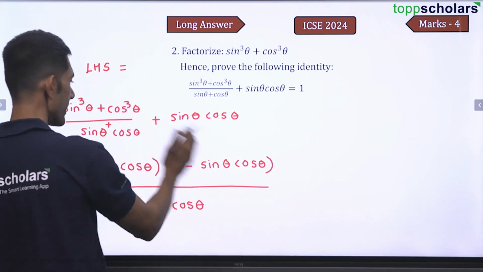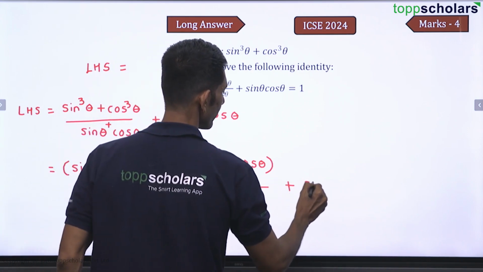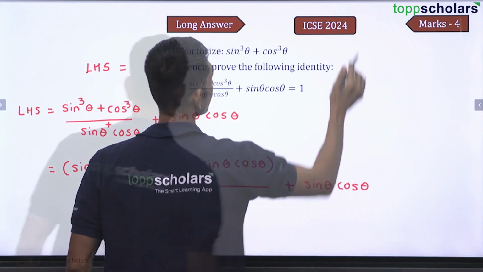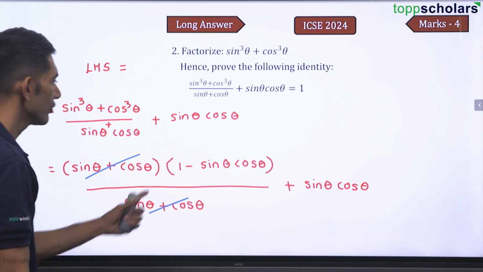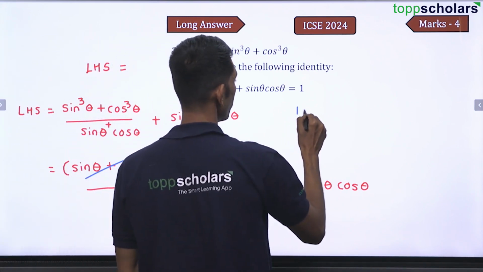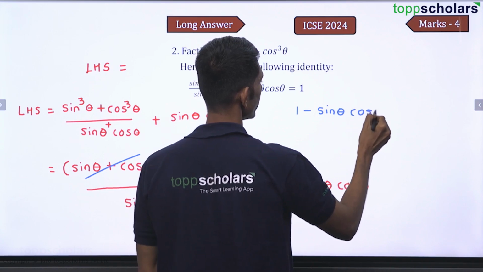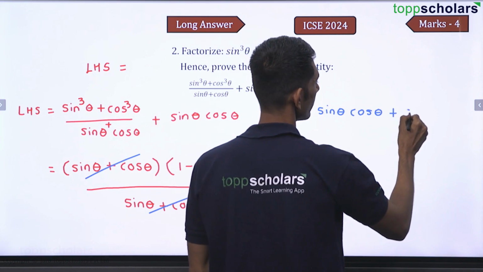And then this part is written here, denominator as it is, and here I have plus sine theta cos theta. So sine theta cos theta gets cancelled. So I get 1 minus sine theta cos theta plus sine theta cos theta.